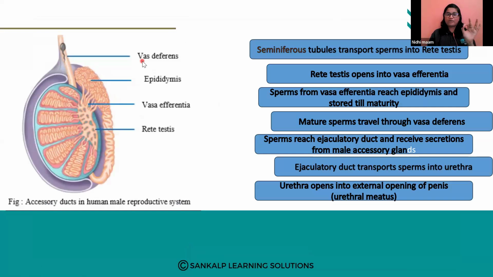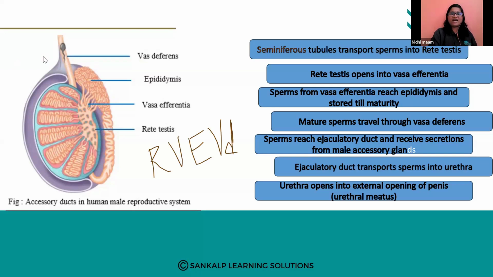How do you remember? I had given you a hint in the vacation class. RVEVD. R for rete testis, V for vasa efferentia, E for epididymis, D for vasa deferens. If you got confused, remember it as RVEVD. VD means vasa deferens. This is vasa efferentia.